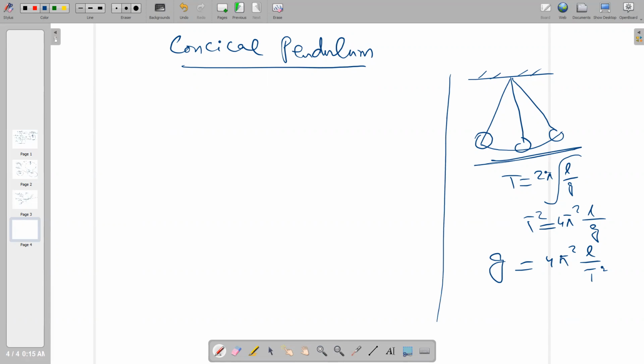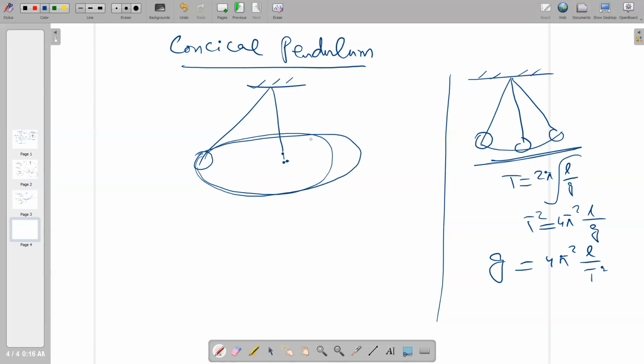This is a simple pendulum, but here is the conical pendulum. The word is showing the conical pendulum, it makes a cone. Okay, see, this is the pendulum and it is moving through this central point and its motion is like this one.